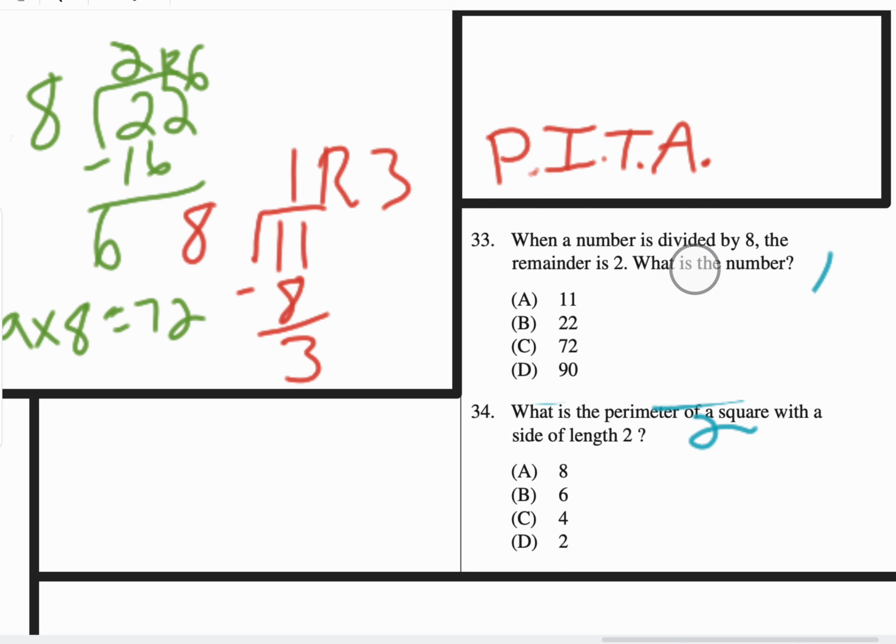And let's take a look at 34. What is the perimeter of a square with a side of length 2?